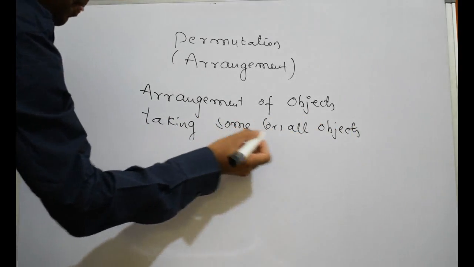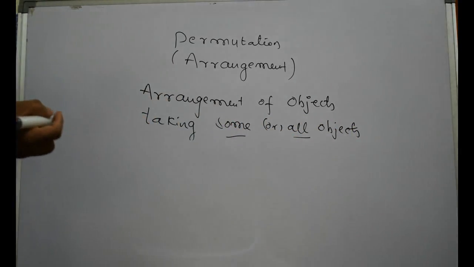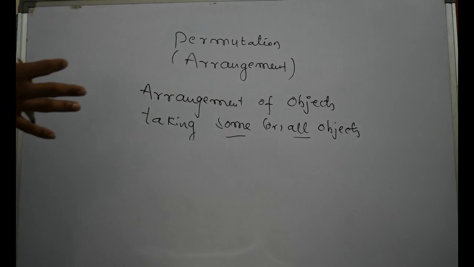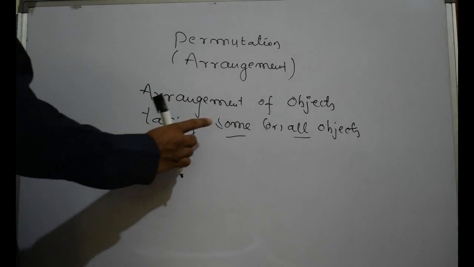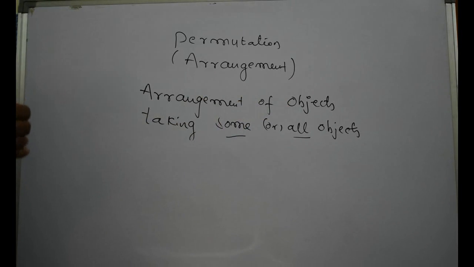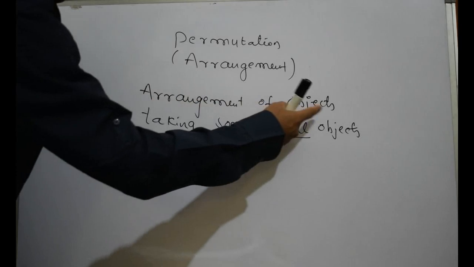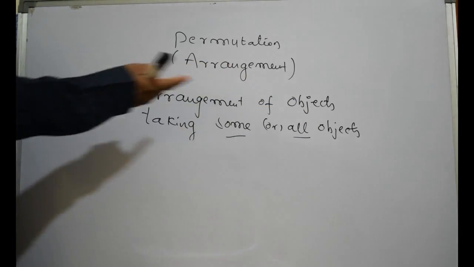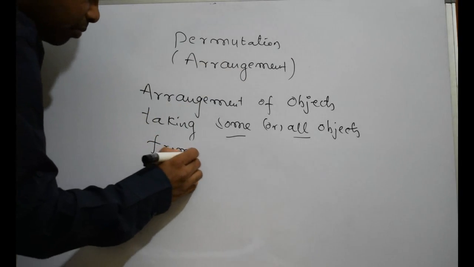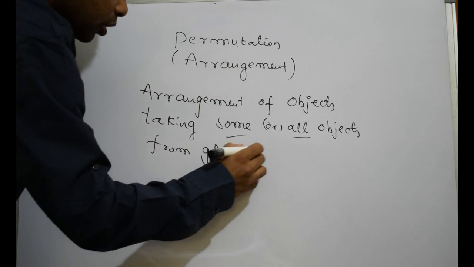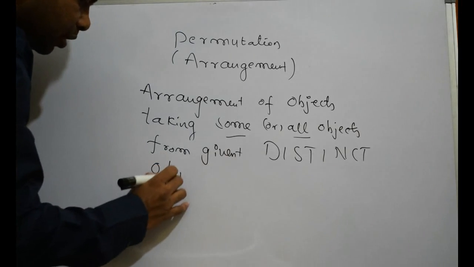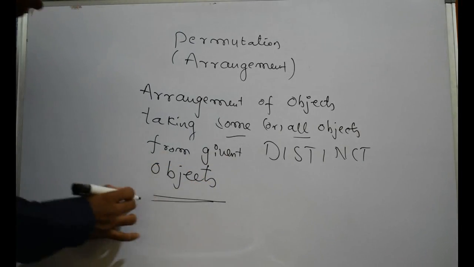Here I say some or all because in every permutation problem there will be a set of distinct objects from which we have to use some or all of them. It depends on the question. So you may take some of them or you may take all of them. All objects from what? From given distinct objects, in a particular order.